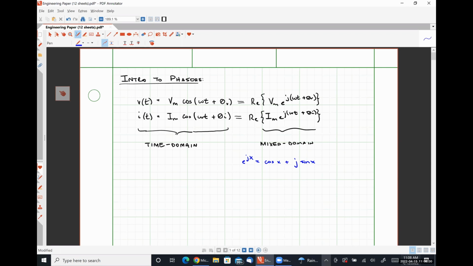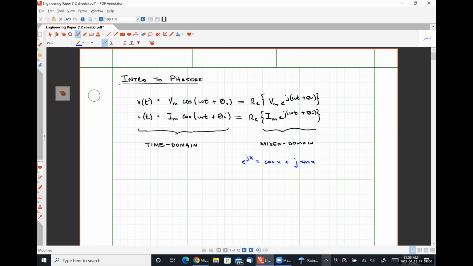What we are going to observe is that one of those pieces of information is redundant. So if our circuit is only operating at a single excitation frequency, omega, every single signal is oscillating at that same angular frequency. And since it all has that one characteristic in common, we can ignore or suppress that piece of information because it doesn't really do anything for us.